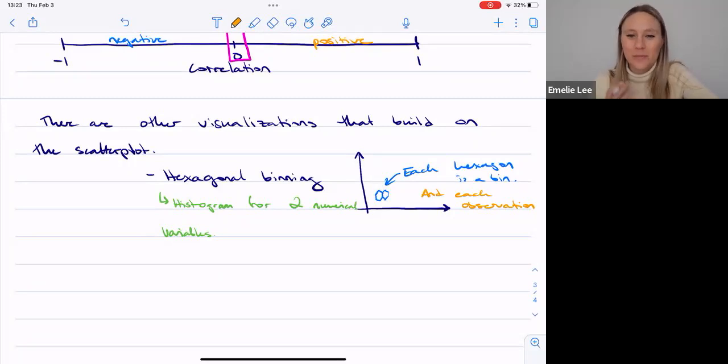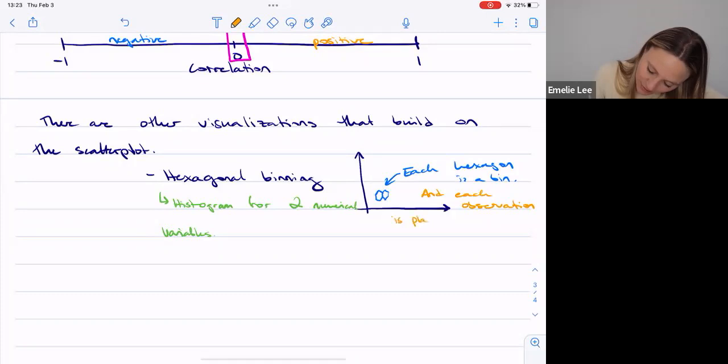And so in the lab, you'll make one, and they are really pretty, really nice to look at. So glad you like it. So, each observation is placed in a bin, or a hexagon.